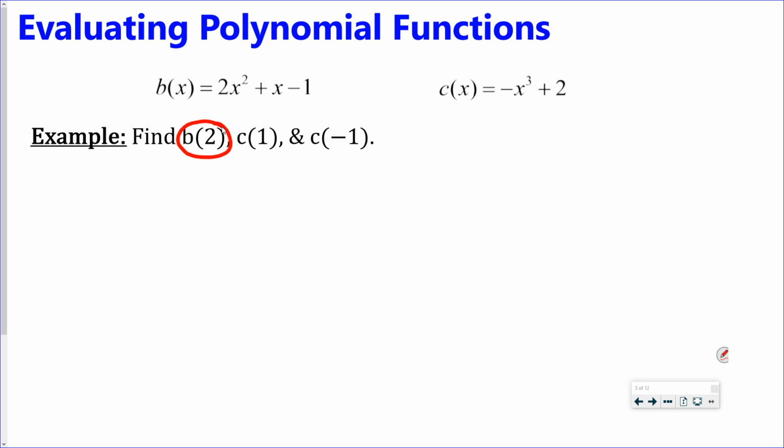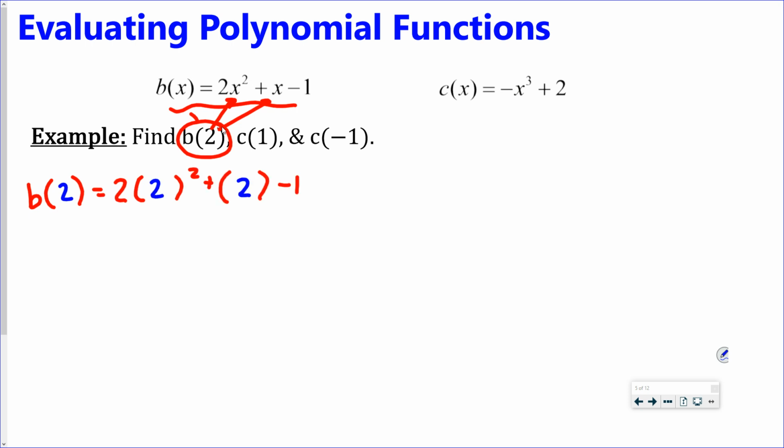And what that means, if you look here at this notation, b of 2 means I'm going to plug 2 in for x into my b of x function, right? That's what that means. So I'm going to take out the x's, and I'm going to plug in 2. Everybody agree that's what b of 2 would mean?